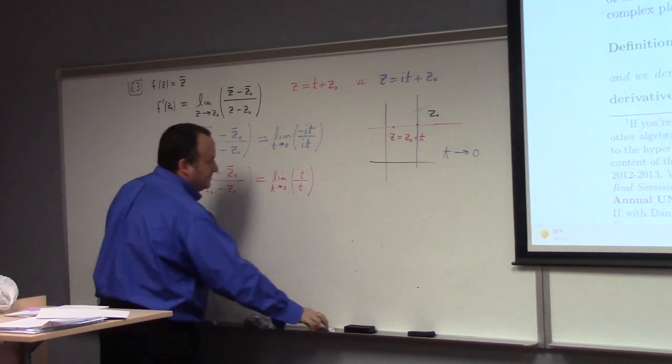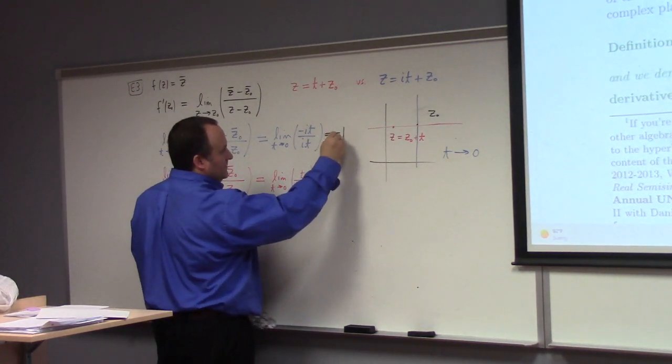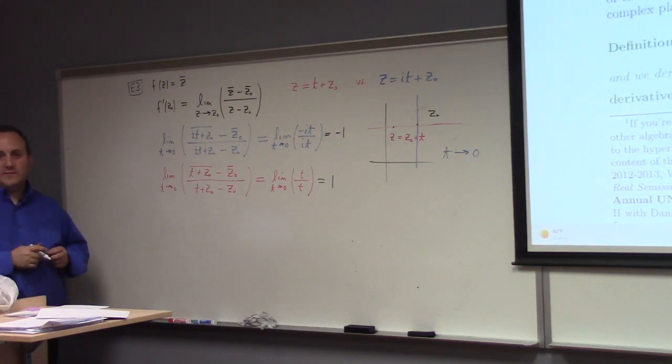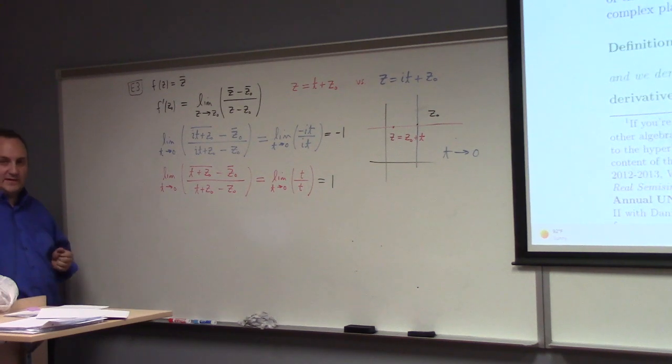So what do we get? Minus 1? 1. Right? So if we look at the difference quotient limit, we see that it is a limit which does not exist. At which points in the complex plane does it not exist? Pretty much all.